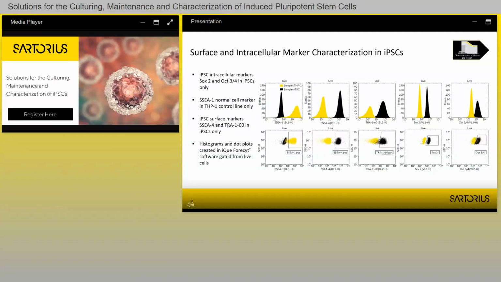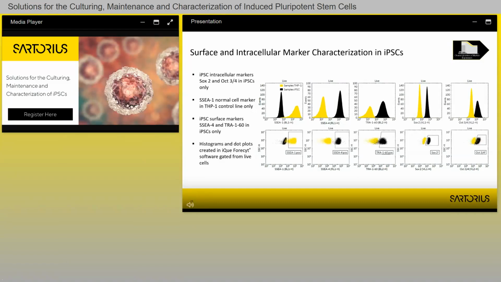Then to the right of that set of histograms and dot plots, we have SSEA4 and Tra-1-60. These are the surface markers for iPSC pluripotency. And again, similarly to the intracellular markers, we have high expression in our iPSCs and no expression in the THP1 control cells.